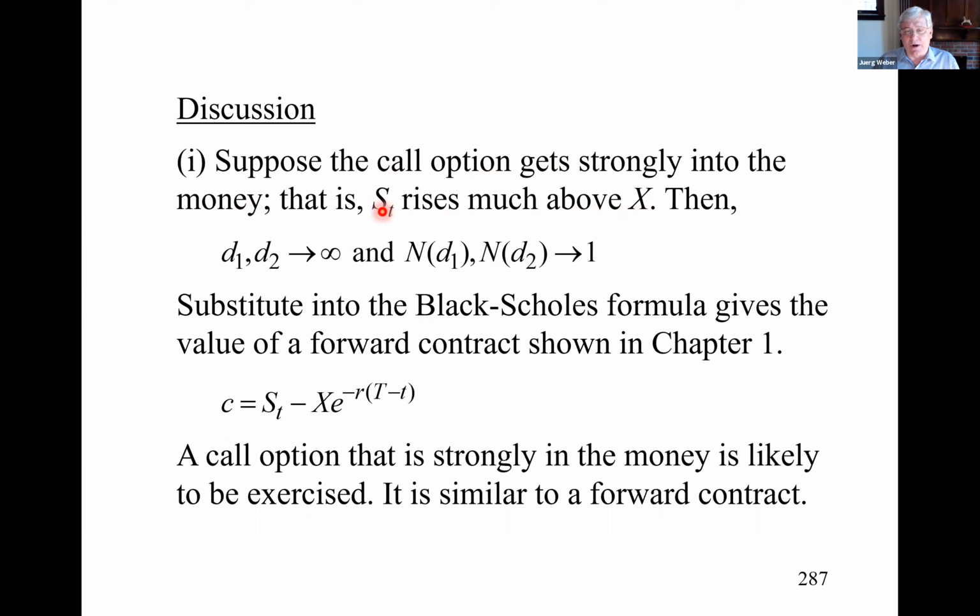So it looks good for the holder of the option. The holder of this call option has locked in a strike price of X, and now the share price rises in the market, but the holder can still buy it at this locked-in lower price. Now, if S increases very much, then T1 and T2 go to infinity.